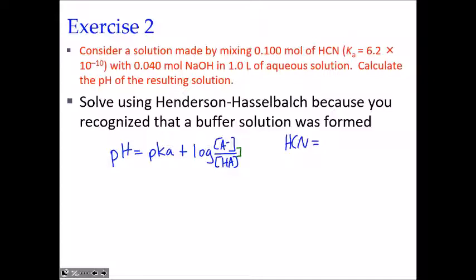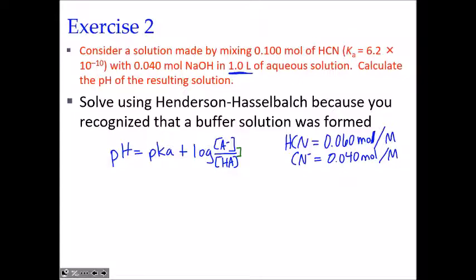Makes it easier, less steps. So here it was 0.060 mole, or because we divide it by the 1 liter, it is also molarity. So either way, it doesn't matter for this one. And this was 0.040 mole or molarity because you divide it by the 1 liter. I prefer to stick to mole because it's quicker.